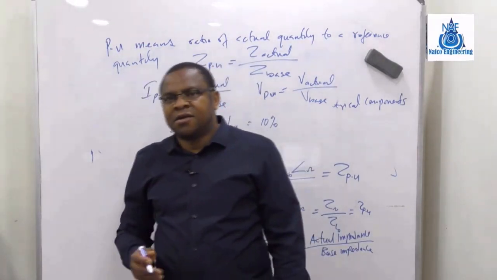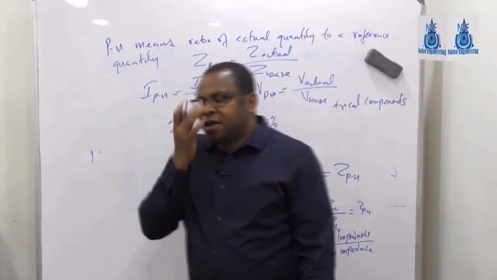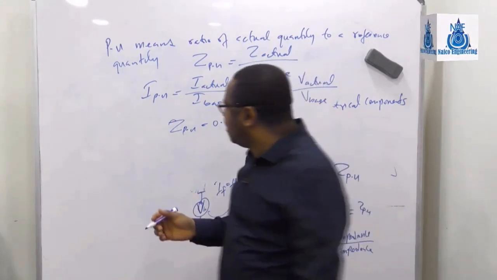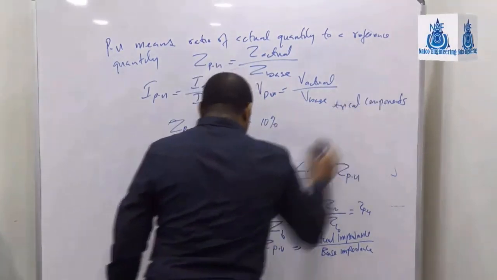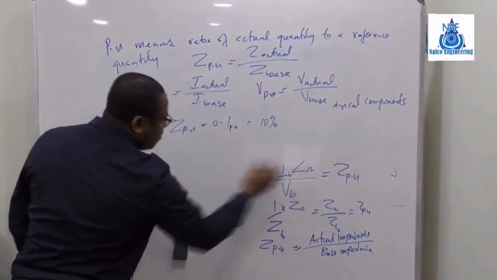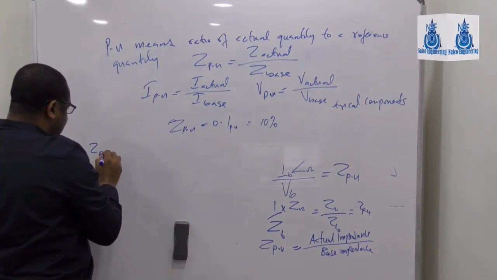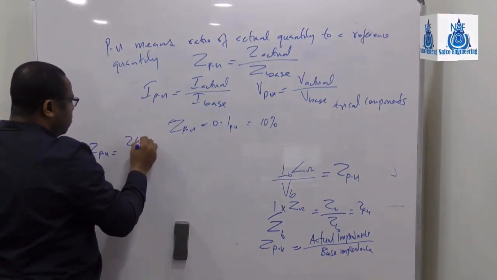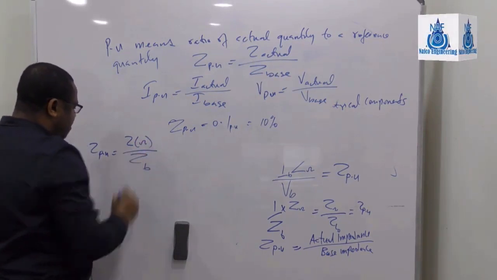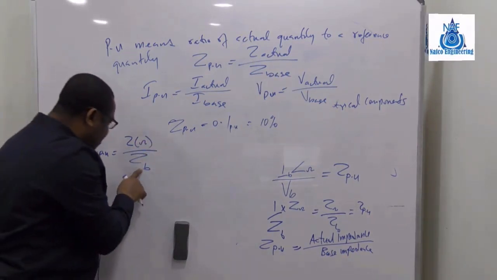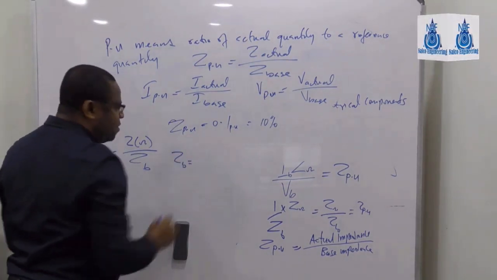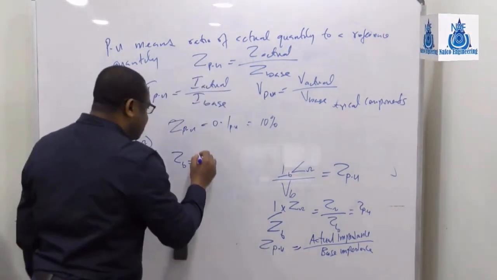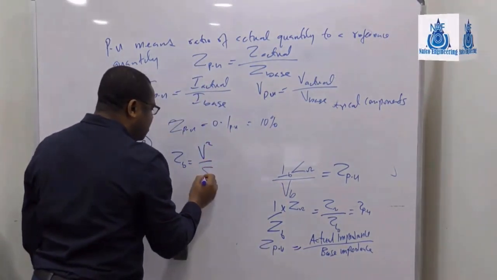Now, let's start from what we have done. We said Z per unit is the same thing as Z in ohms, the actual, over Z base. Now, if you remember Ohm's law, this Z base can be written as V squared over S base.